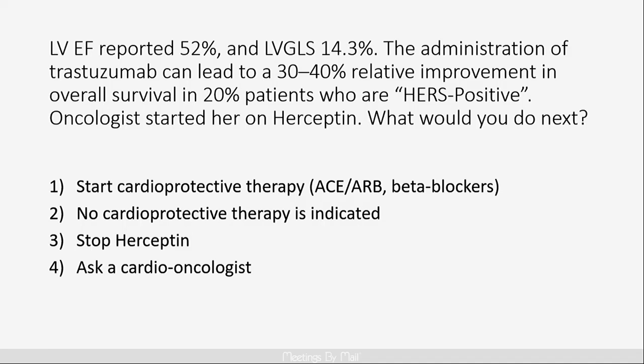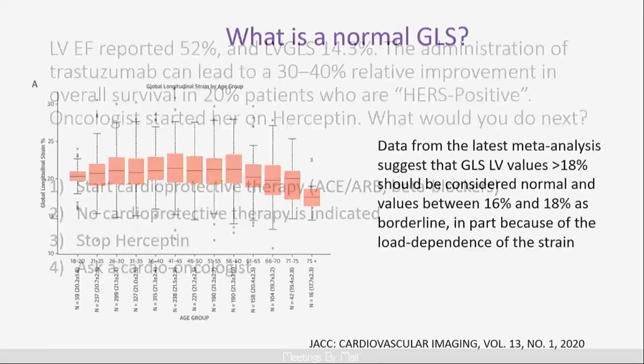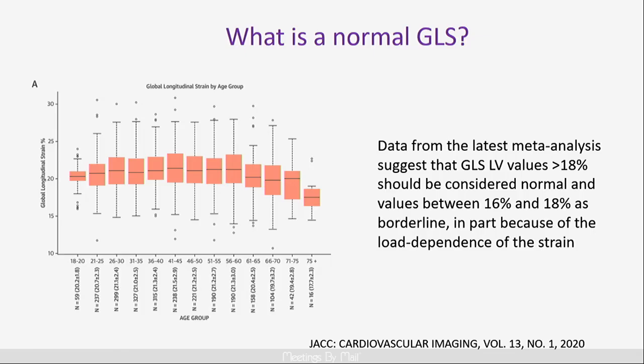I'm going to go with this example of what has evolved very recently in the guidelines. There are two guidelines, and in both, global longitudinal strain has been incorporated in decision-making. But the first question that comes up is what is a normal global longitudinal strain?